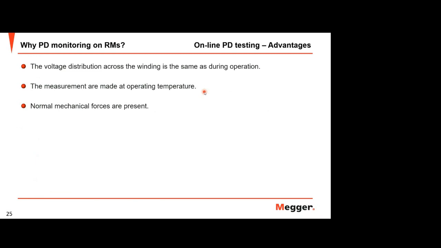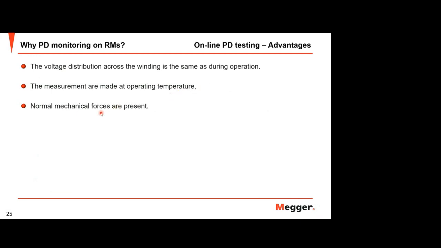If I'm not wrong, 10 degrees can make the insulation capability reduce by half. So the effect of temperature can only be detected by online test, because you cannot do offline testing with the temperature effect.